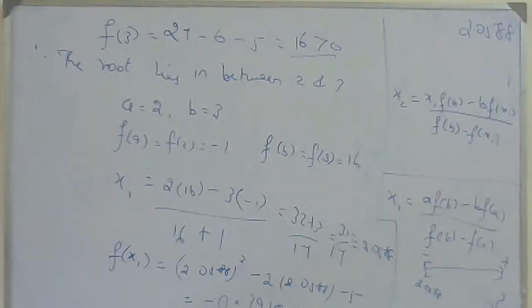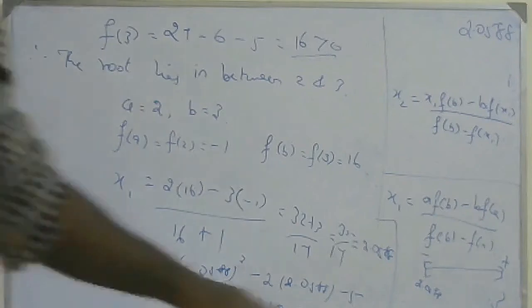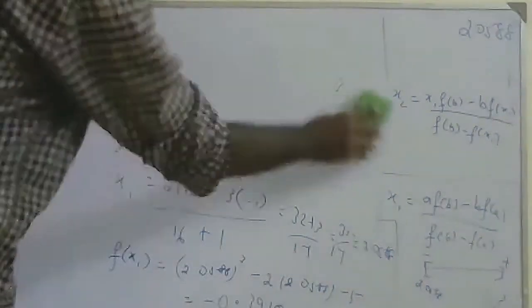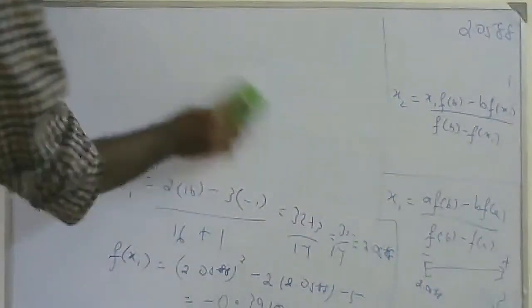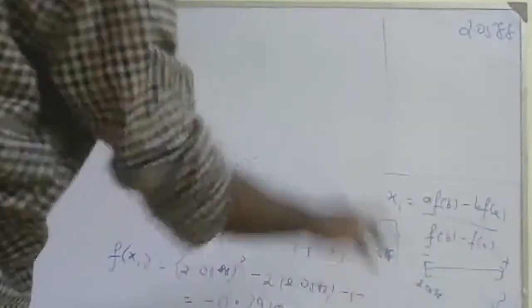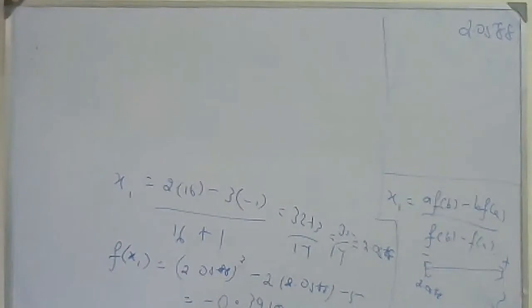You can solve it like that, keeping the formula as it is. Sometimes we can fix the formula and we can change this value. Let the formula be the same. If you want, we can change it.